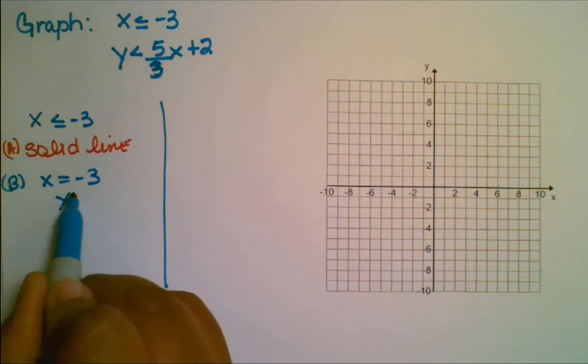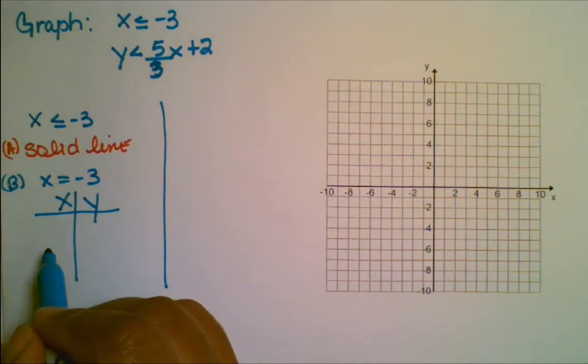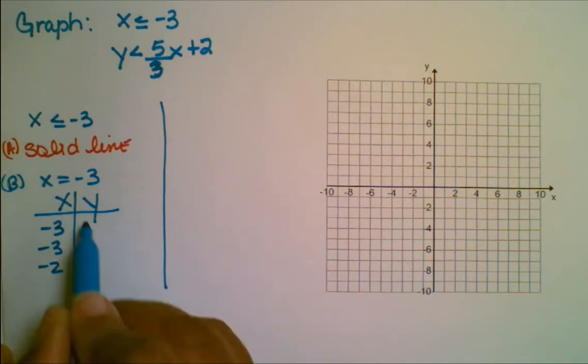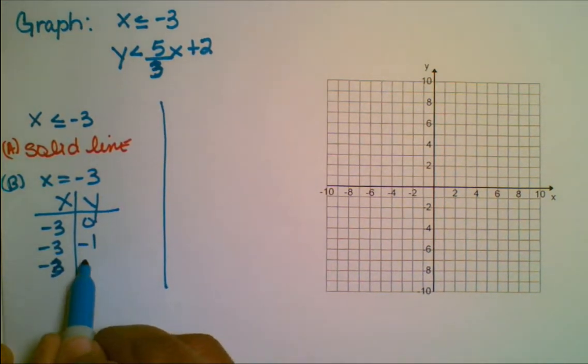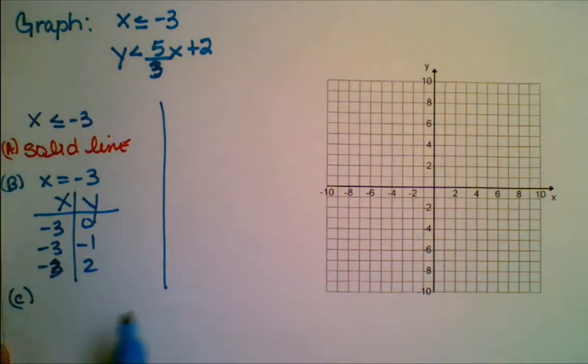Now this is where you can't find a y-intercept because it does not exist, but we can make a table of values. Make a table of values. And then we want to determine which side we're going to shade.